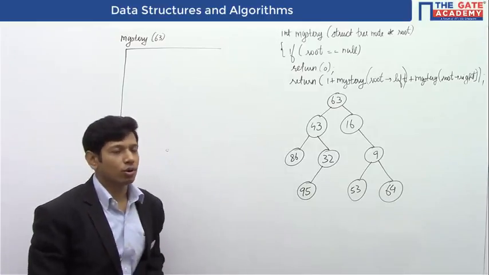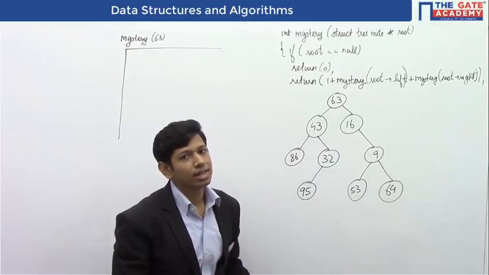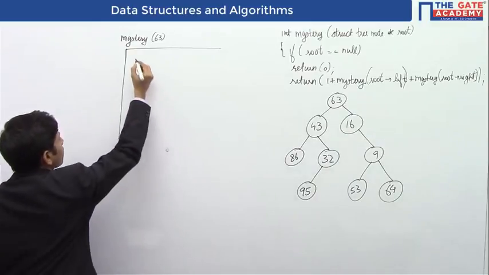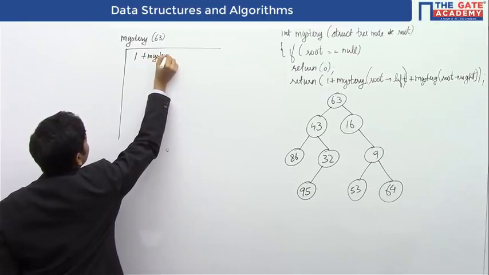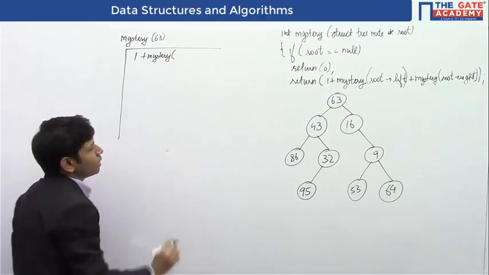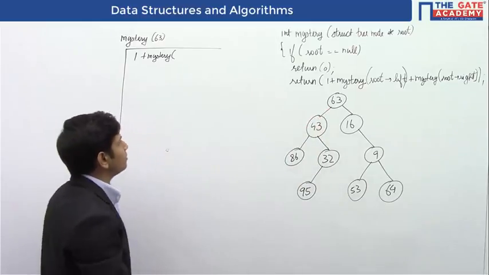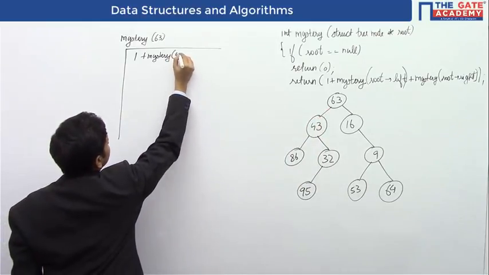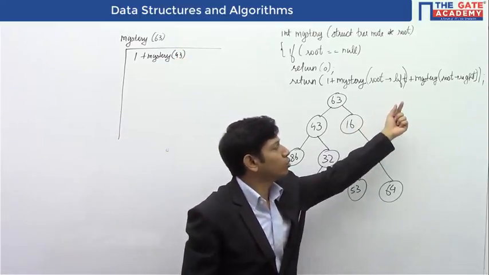Mystery of 63 is calling 1 plus mystery of root left. Now what is root left? Root is 63, root left is 43. Plus mystery of root right.